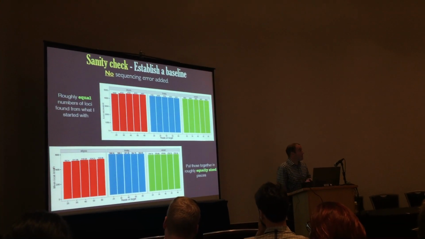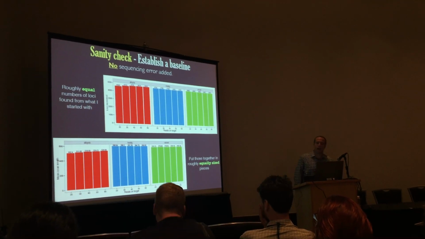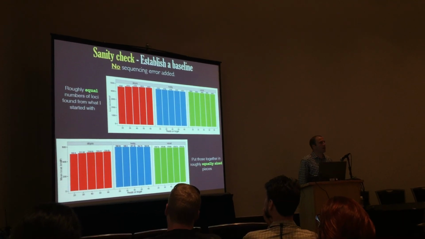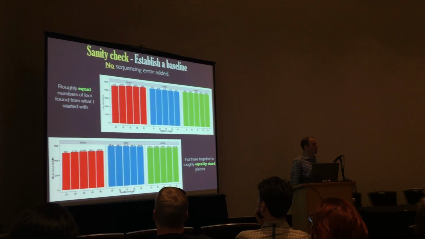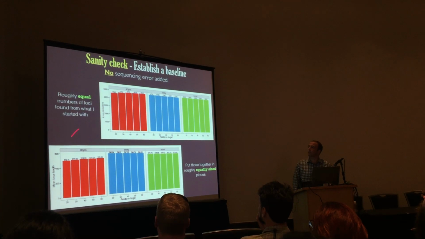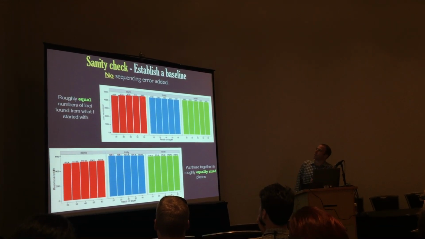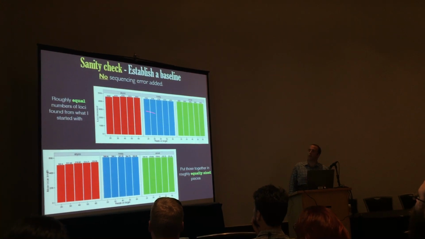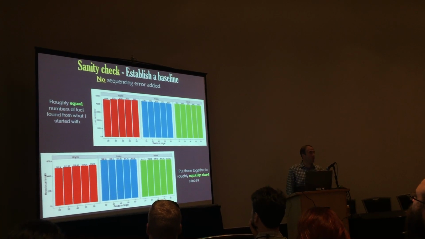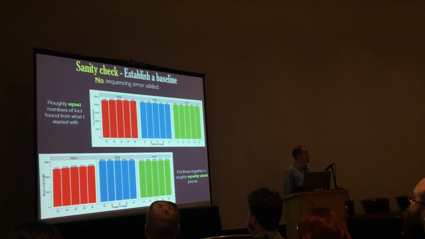Now, as a sanity check to make sure that things weren't going completely strangely, I established a baseline by not introducing any sequencing error to the reads that I simulated. When I put those back together, I saw that all of the assemblers were performing relatively similarly. Across Abyss, Trinity, and Velvet, and the color scheme will stay the same throughout the rest of the slides, the number of loci that I recovered was roughly the same.